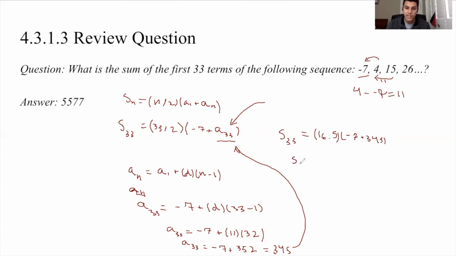So we have S33 equals 16.5 times -7 plus 345. When we simplify that, we get 338. And then finally, when we multiply 16.5 and 338, we end up with 5,577. So the sum of the first 33 terms of this arithmetic sequence is 5,577.